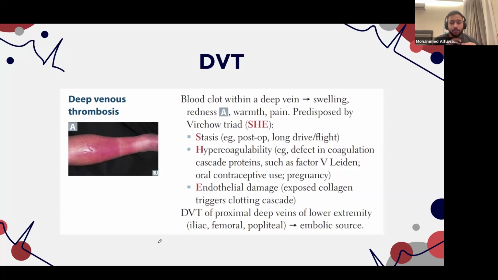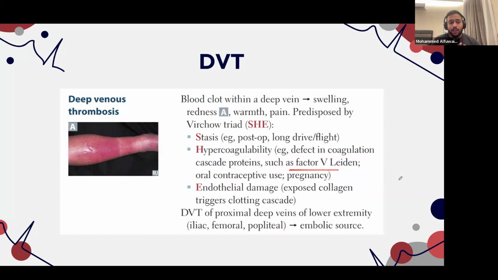Hypercoagulable states, for example, medications such as OCP, pregnancy, or other coagulation diseases, for example factor V Leiden, which is a very common one. Or endothelial damage. These are the three main classes of risk factors that can cause DVTs.